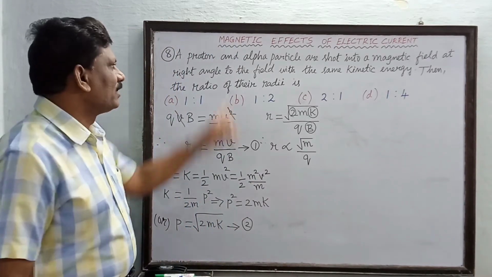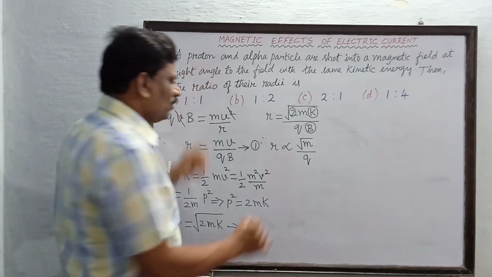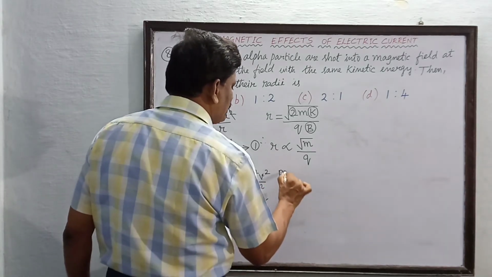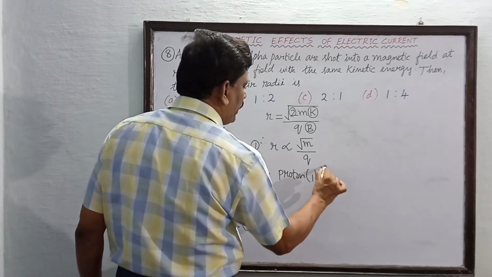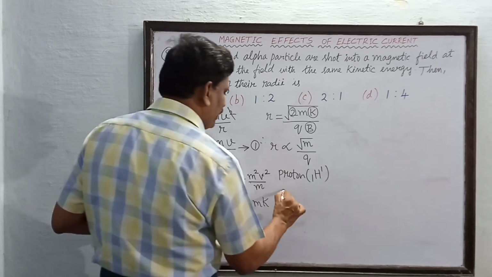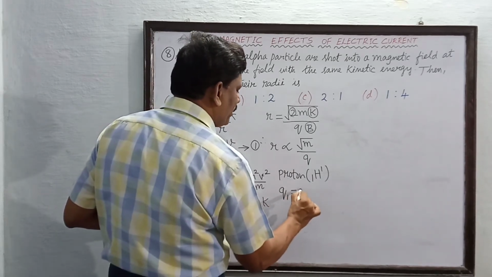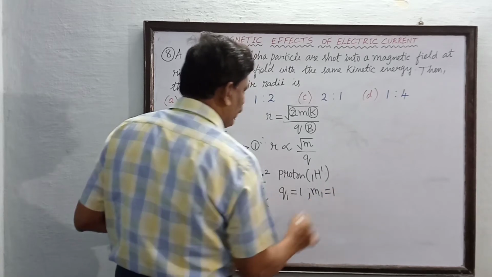Okay. What are the two given particles now? First one is proton. Proton is 1H1, so its charge number Q1 is equal to 1 unit and mass M1 is also equal to 1 unit.